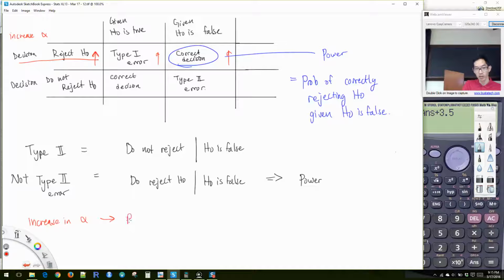Leads to rejecting the null more often, and that could go both ways. This would increase type 1 error if the null is true, but it also increases power.